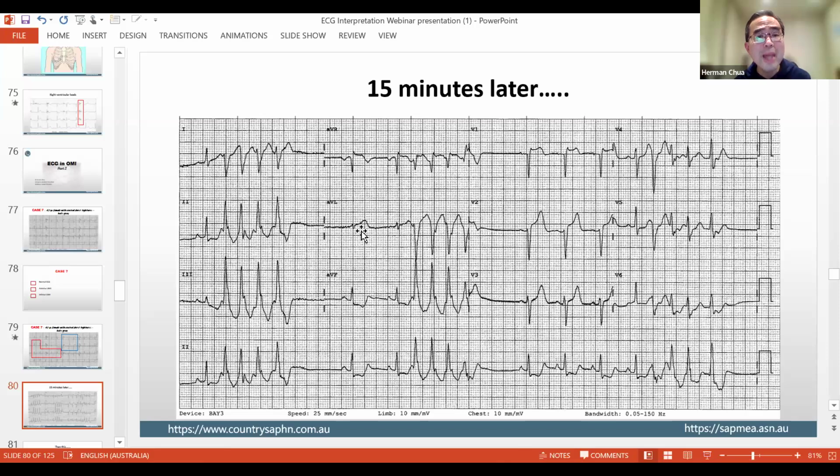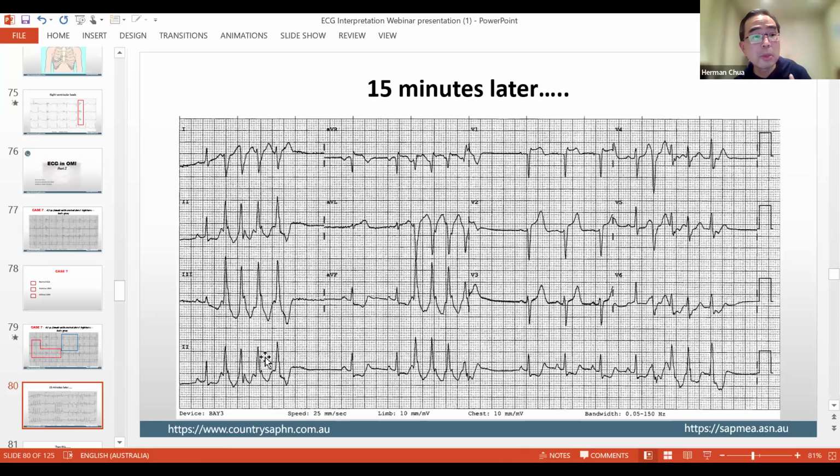That supports what we thought initially, that the ST depression in 3, AVF and 2 is reciprocal to the elevation you did not see initially in 1 and AVL.